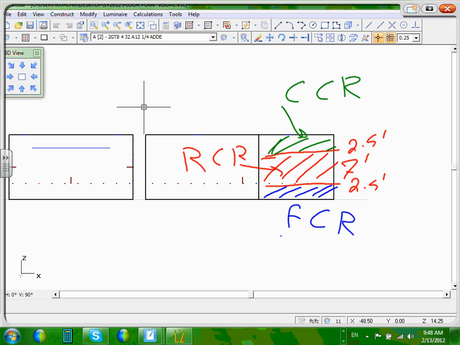The floor, from the floor up to 2.5, is the floor. Between 2.5 to 9.5, right? That will give me the room, and above 9.5 all the way to the ceiling. My ceiling in this case, guys, as you can see, is going to be a 12-foot ceiling, right? 12-foot ceiling. Any question?